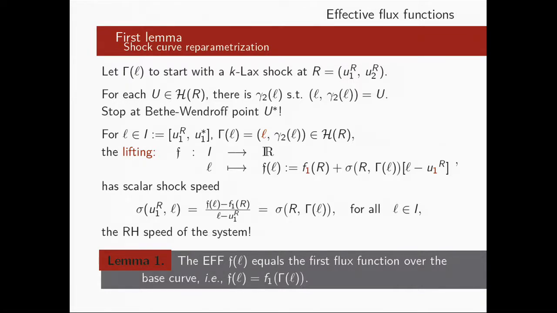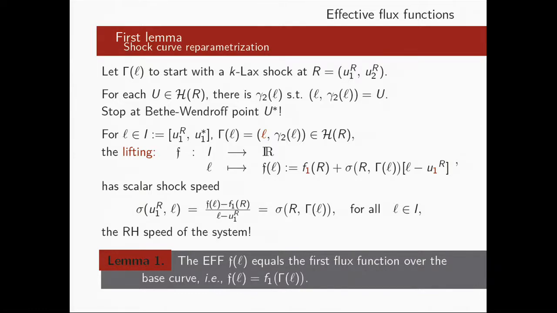And what is going to be the lifting? When L is the reference point, I need that this one be the same height as the selected function. So here I select the first coordinate to parameterize the curve.